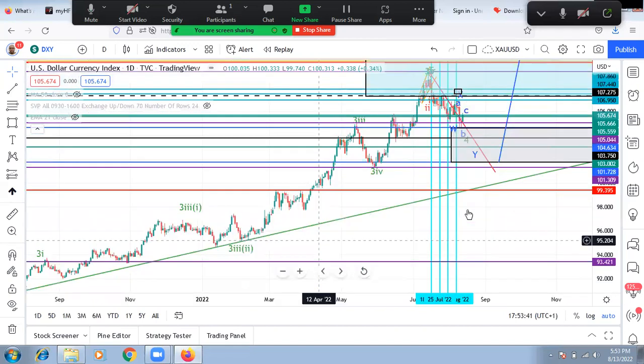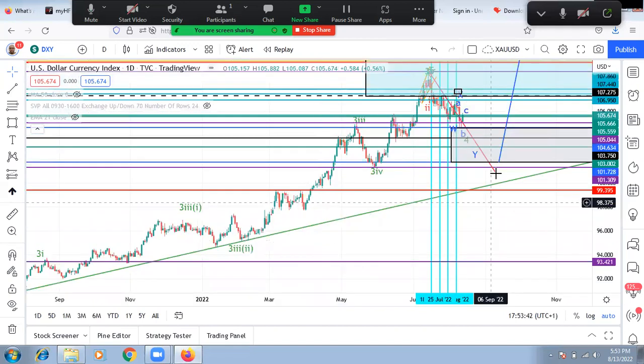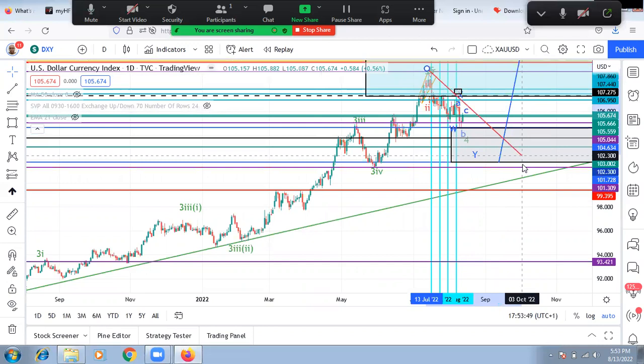So for now, this would have to be corrected. This would have to be corrected. This would have to be corrected like this now.